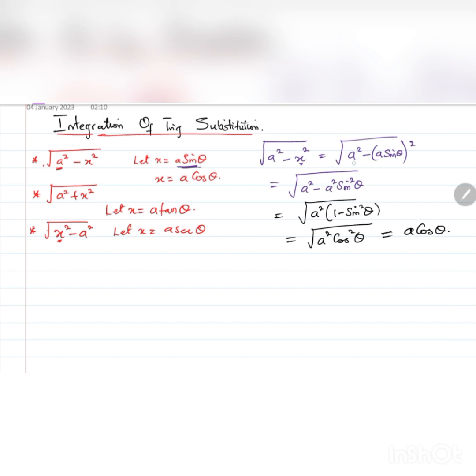So we include the constant a in our trig substitution so that it will be very easy to remove the square root and easy to integrate. That's what we call integration by trigonometry substitution.